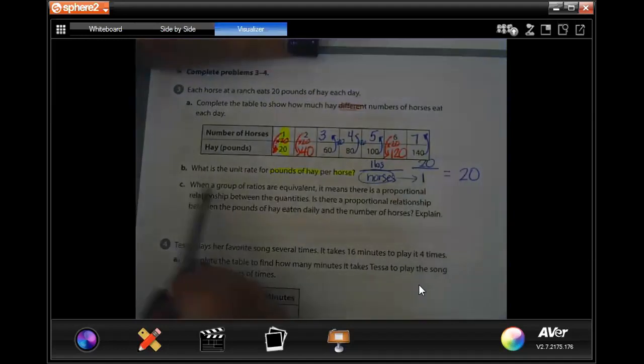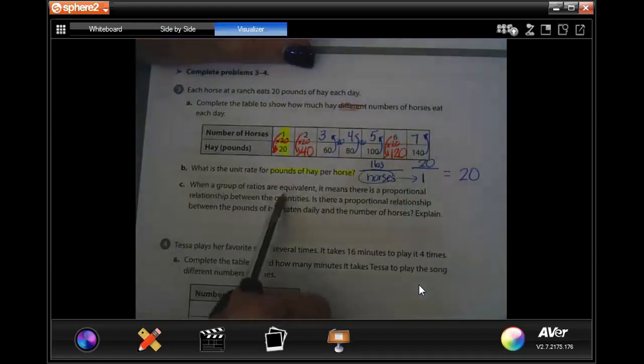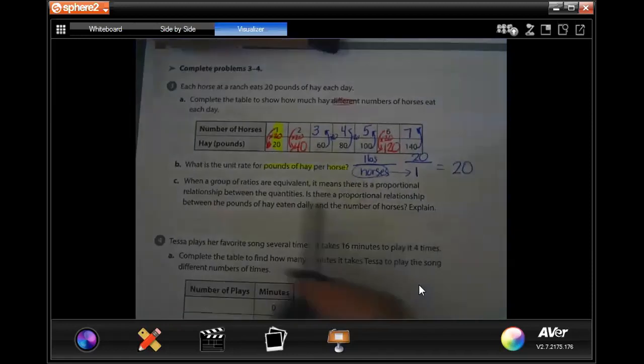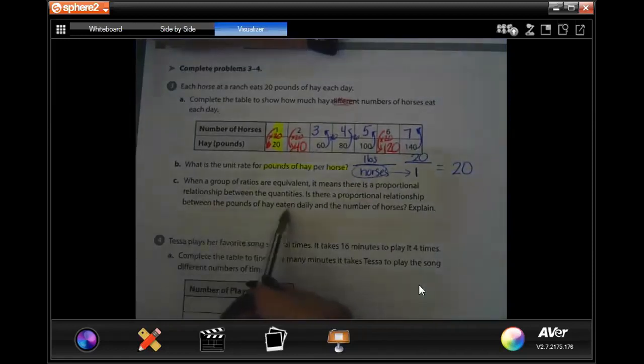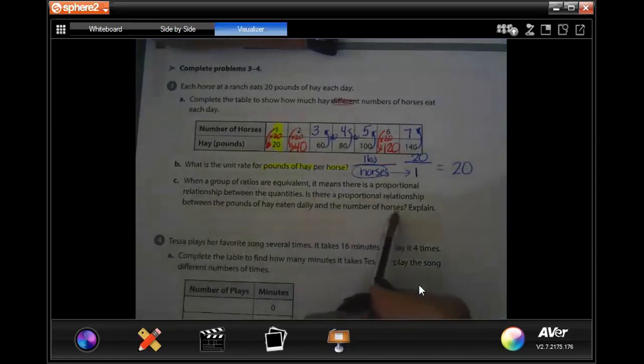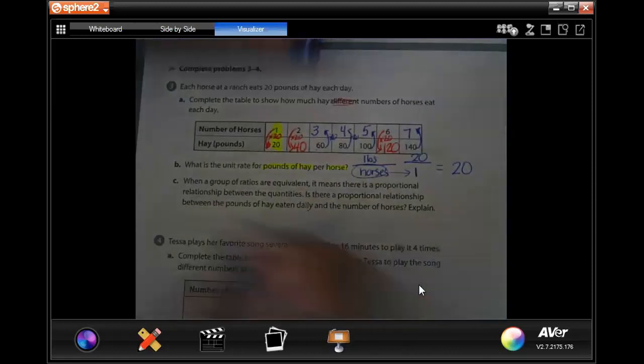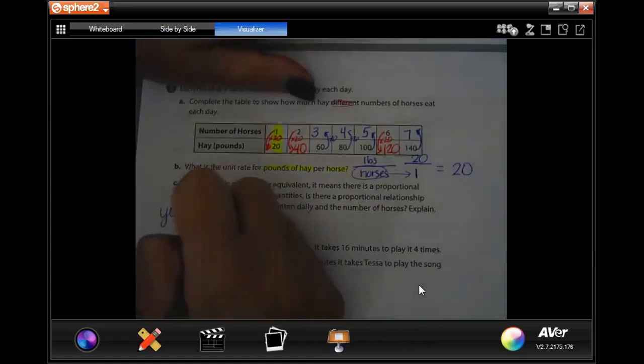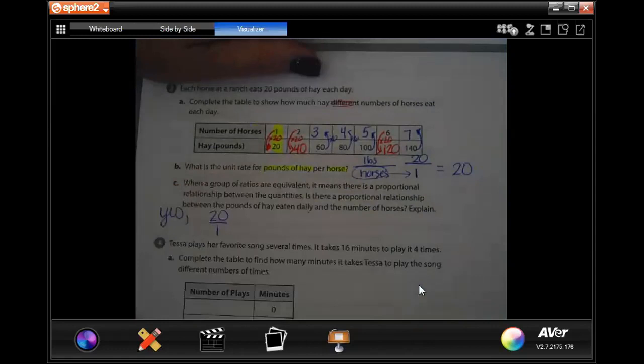C, when a group of ratios are equivalent, that means that they have a proportional relationship between the 2 quantities. Okay? Is there a proportional relationship between pounds of hay eaten daily and the number of horses? Explain. Yes, there is. Here's why. So we have 20 to 1.